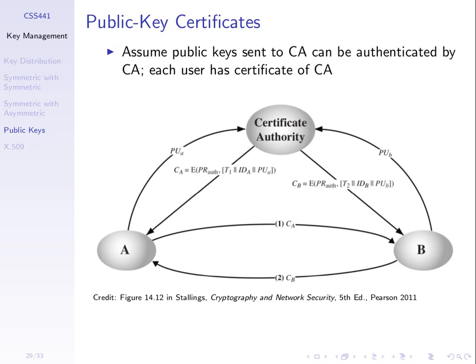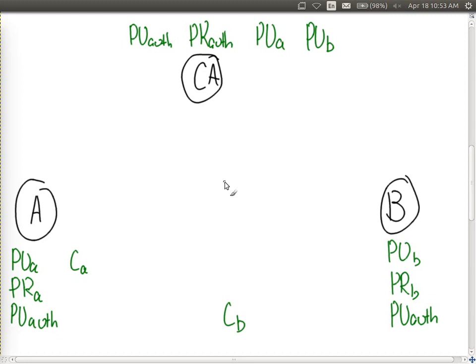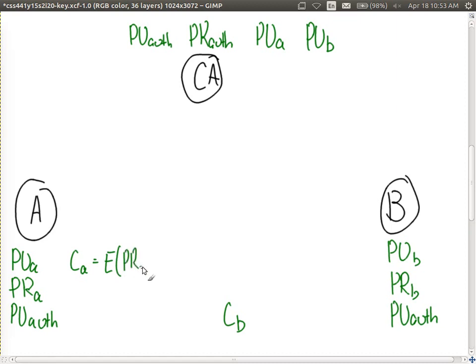That's the certificate of A, and similar, the certificate of B is the public key of B signed by the authority. So we'll write them down. I'll try and remember the same notation.